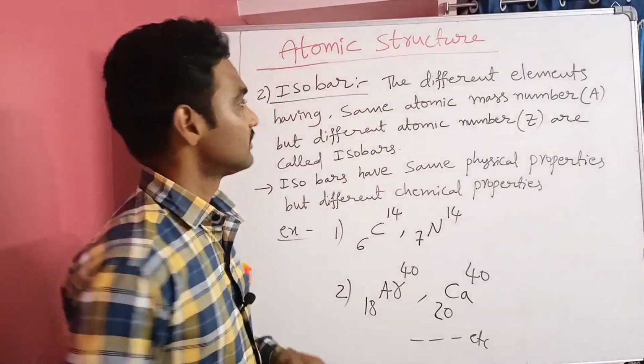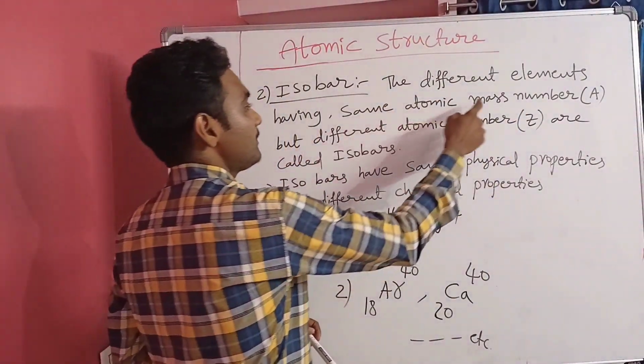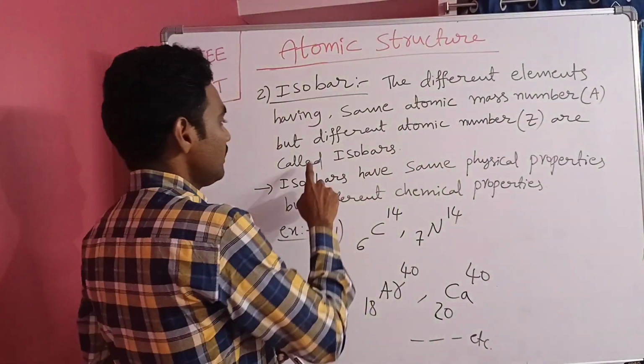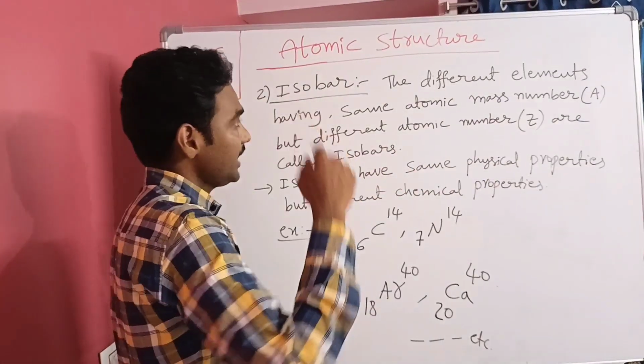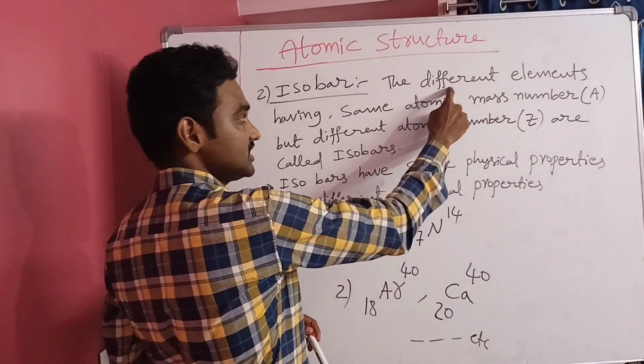What is an isobar? Different elements having the same atomic mass number but different atomic number are called isobars. Before, in isotopes, they were the same element, but here they are different elements. This is very, very important.